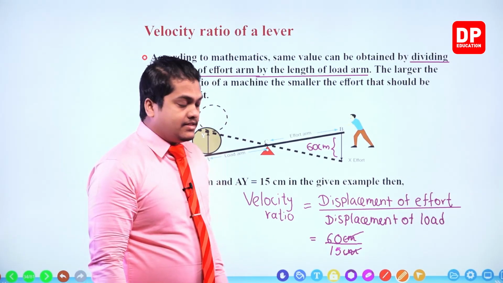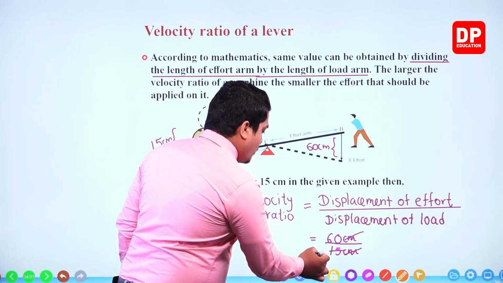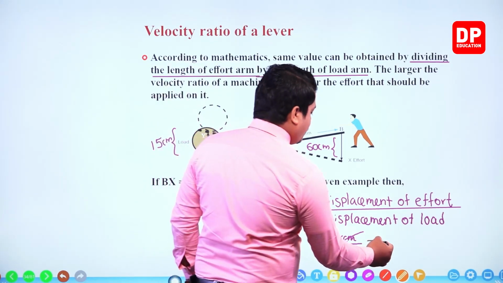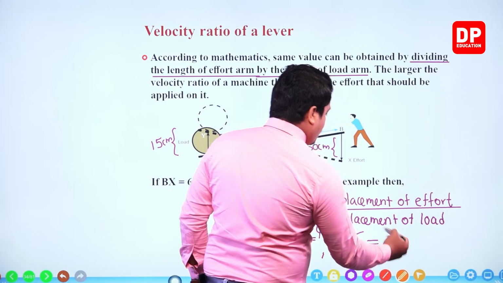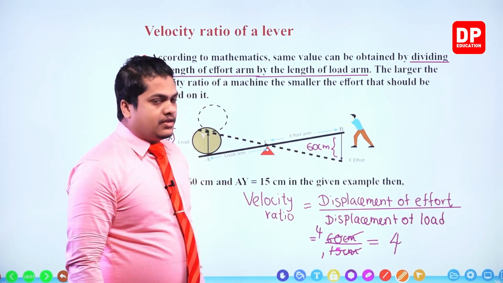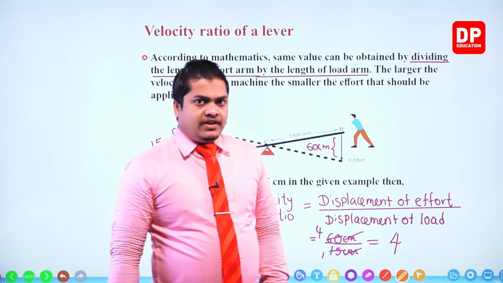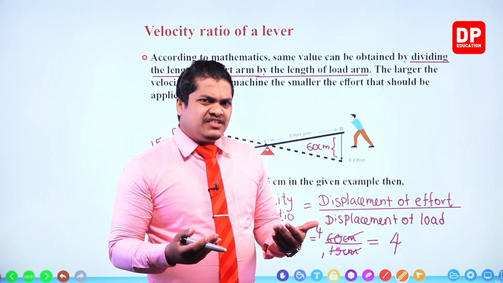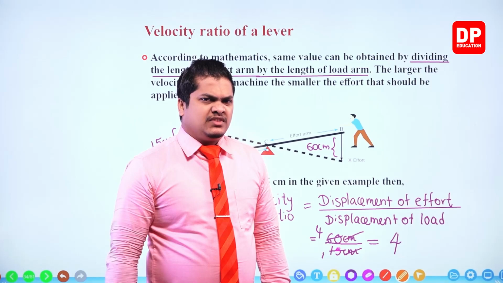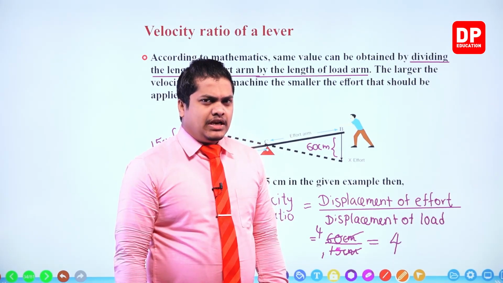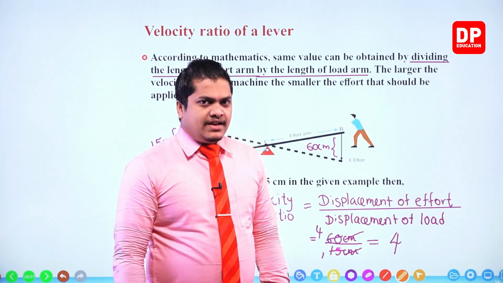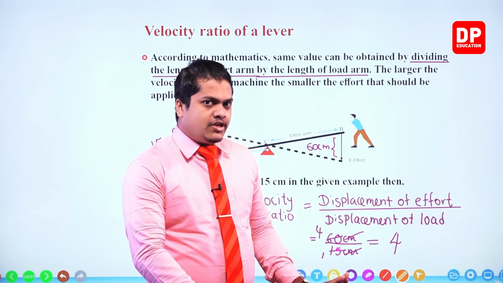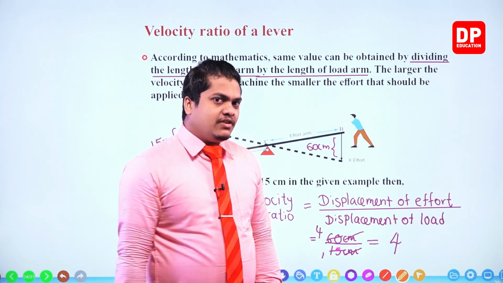The units are cancelled. Then 15 to 1, 60 to 4. So our answer is just 4. Now we have calculated the velocity ratio, it's equal to 4. What is the idea of this velocity ratio? You'll get the idea when you go further with the lesson. Just for now, the calculation: the velocity ratio is equal to 4.